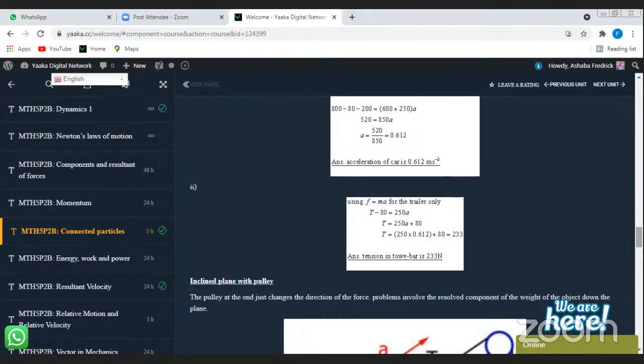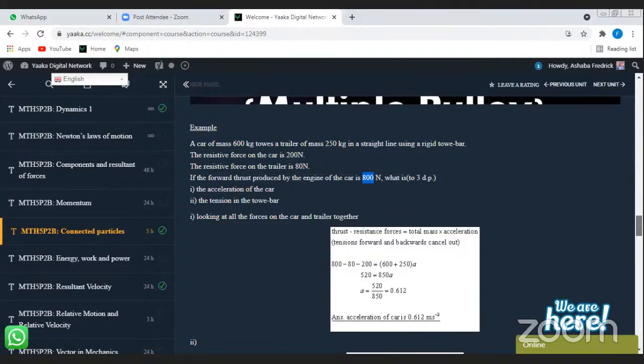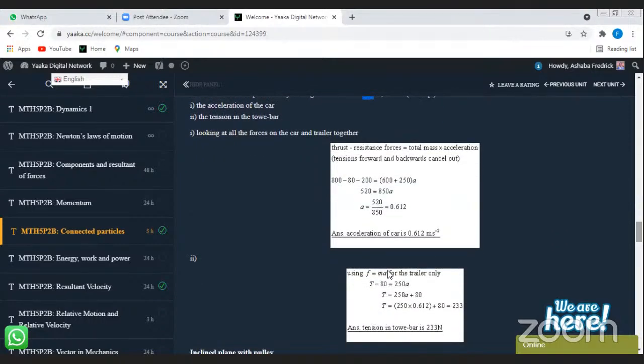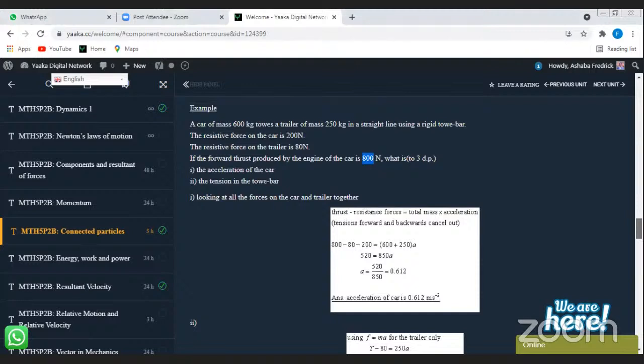We also wanted the tension of the tow bar. So here we are using F equals MA for the trailer only, because the tow bar is on the side of the trailer. The car of this mass tows a trailer of this mass in a straight line using a rigid tow bar.